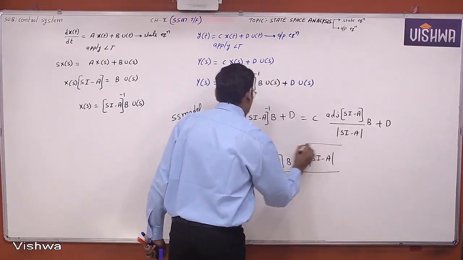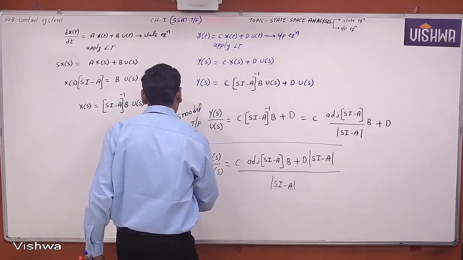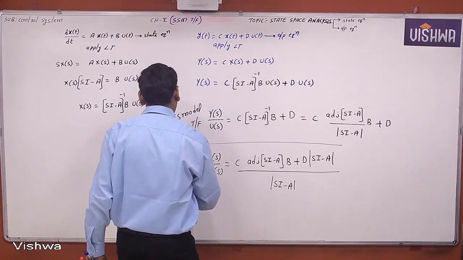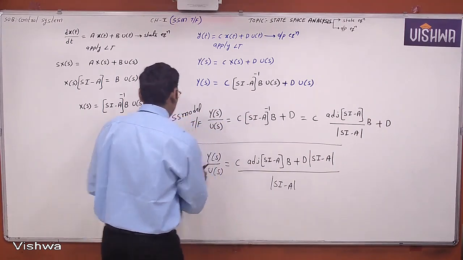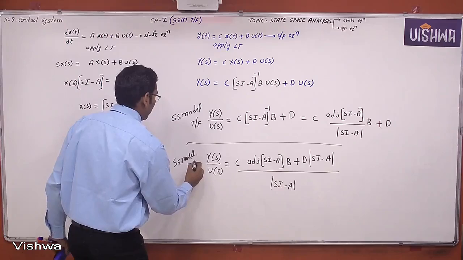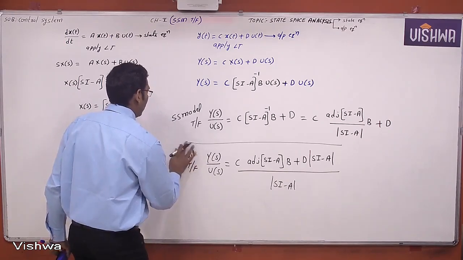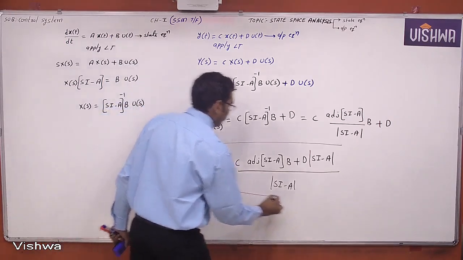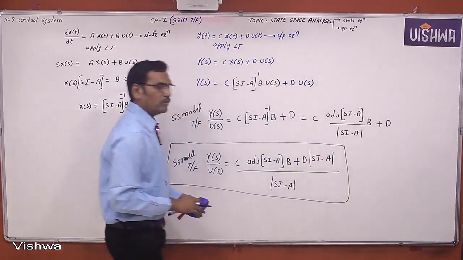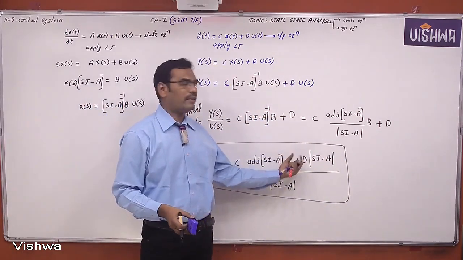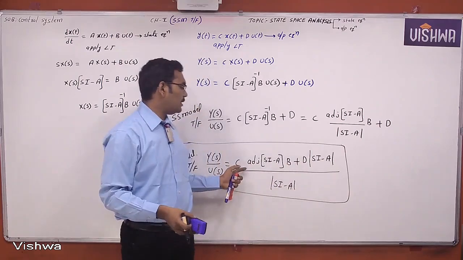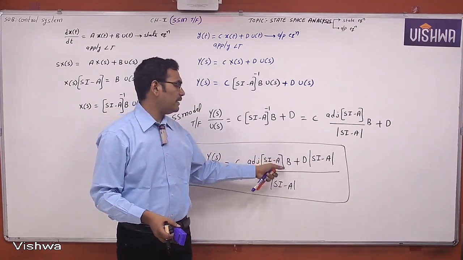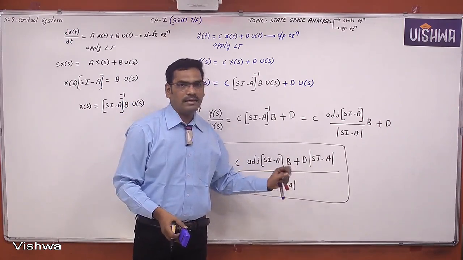This is the state space model transfer function, the Laplace transformation of output by the Laplace transformation of input. Generally the D matrix is not available, so remove that part and it is C into adjoint of (sI minus A) into B by determinant of (sI minus A).